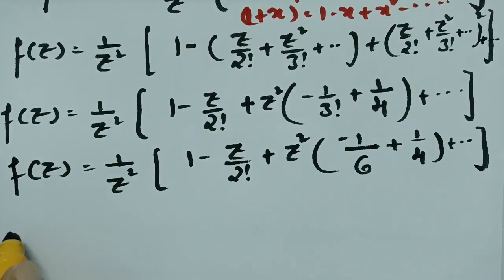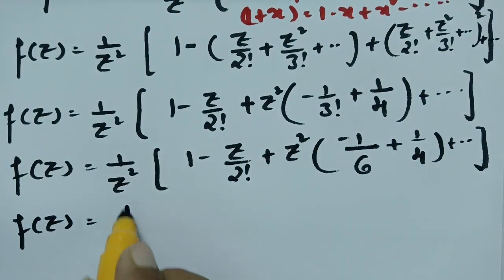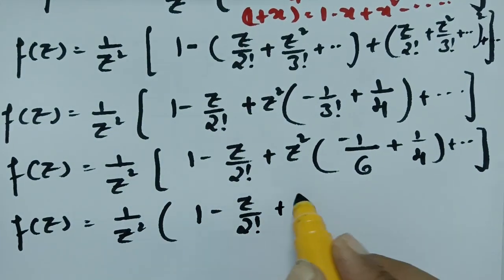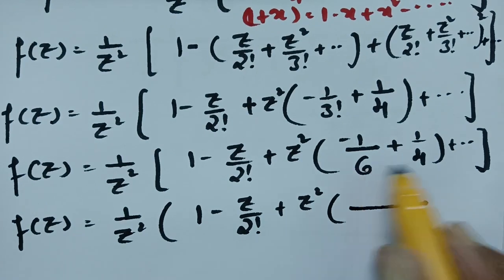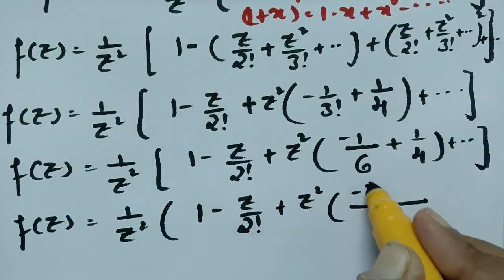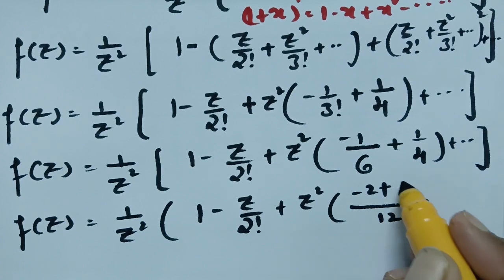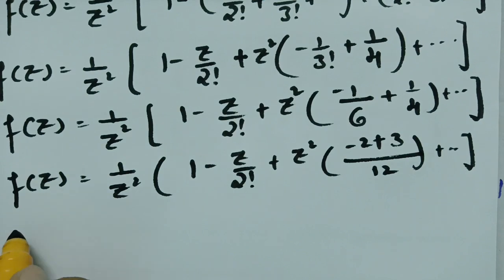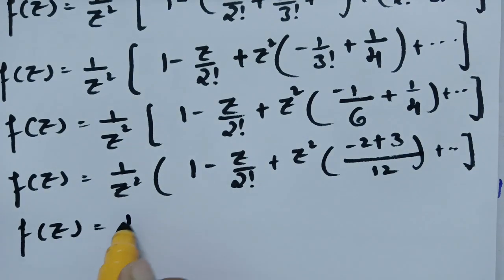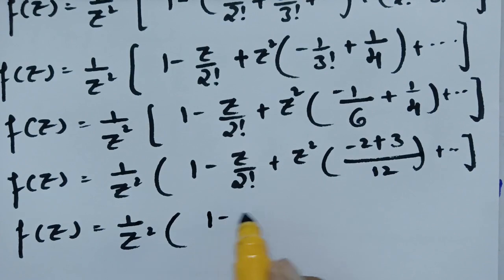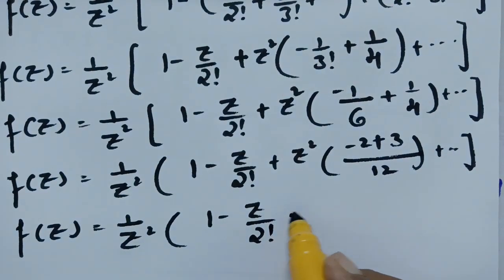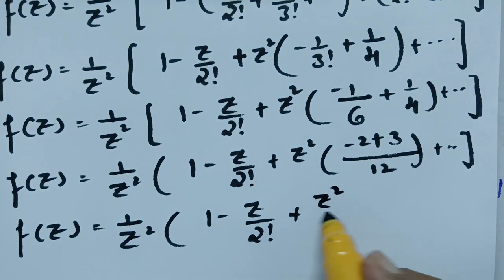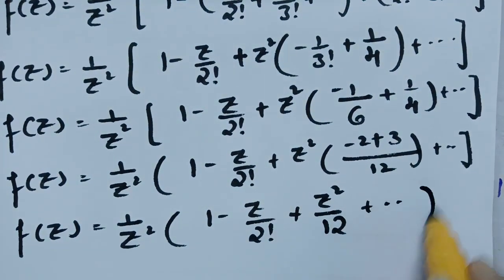So here f of z is equal to 1 by z square into 1 minus z by 2 factorial plus z square into, if I take 12 as LCM, this will be minus 2, and in 4 it comes in 3 times. Therefore, f of z is equal to 1 by z square into 1 minus z by 2 factorial plus 3 minus 2, which is nothing but 1. So this will be z square by 12 plus and so on.